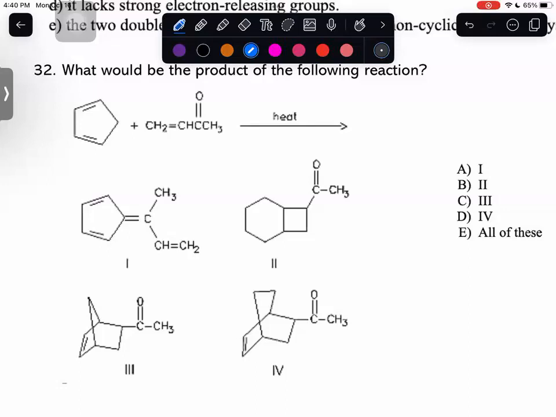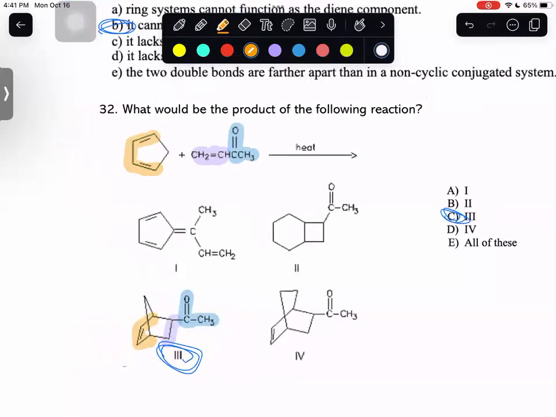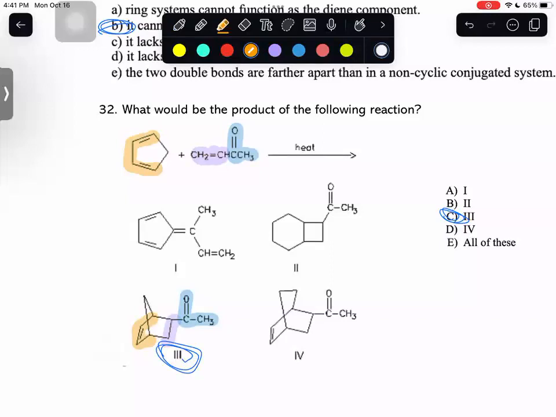Did we say B? C. You guys are absolutely correct. Do we have questions on that one? Remember, this is your diene portion. And then your dienophile, it's only this. So we have this guy over here. Okay. Questions on that one? We're good?